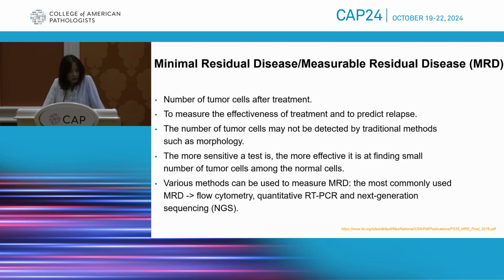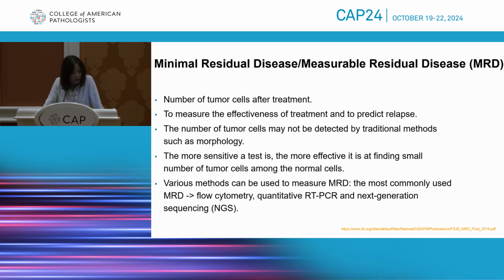We want to monitor MRD to measure the effectiveness of a treatment and to predict relapse. The number of tumor cells may not be detected by traditional methods such as morphology. Remember when I was a fellow, anything less than 5% blasts was next case. But now there are a lot more assays to follow up.